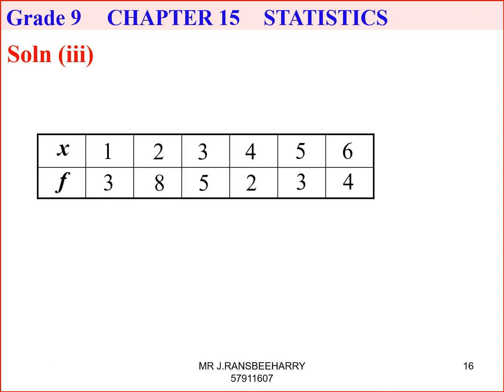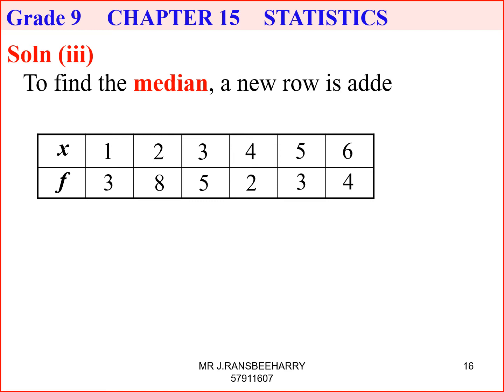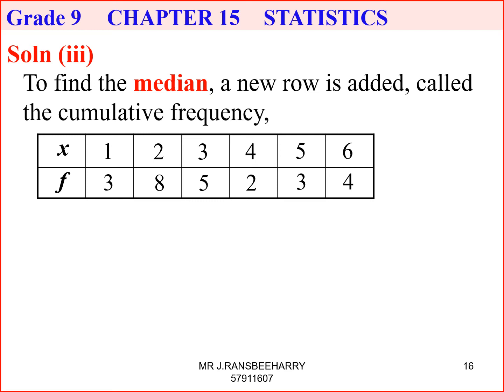Now the third part requires us to find the median. To find the median, a new row is added called the cumulative frequency, or CF. The cumulative frequency gives us the rank of the numbers.